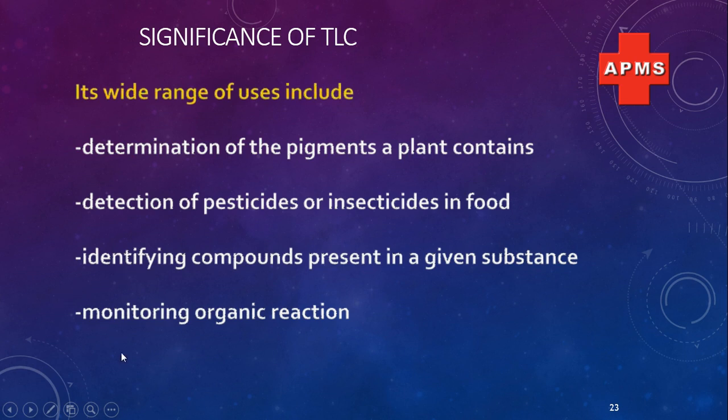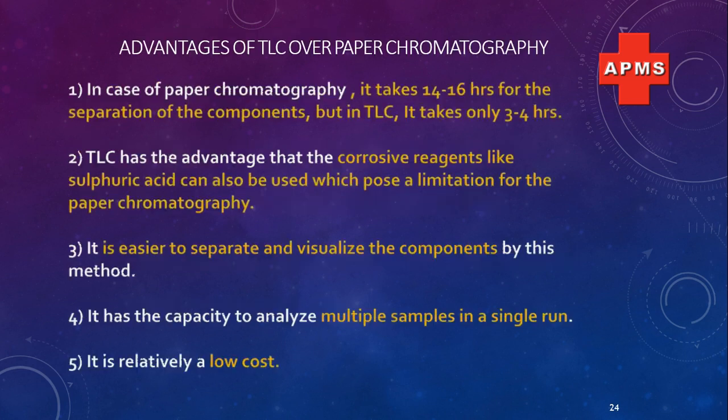This is very useful in organic synthesis, where we take some small part from the reaction mixture and put it on this TLC plate and see the product formation. If product is formed, then we get some extra points compared to the reactants, some extra points of products that were different compared to the reactants.